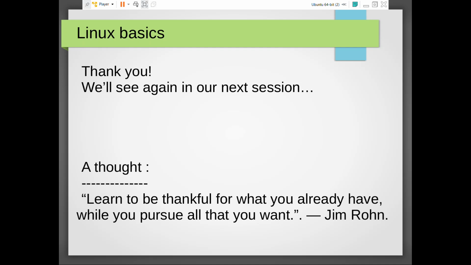That only would bring us up in our life. We can always pursue all that we want, but whatever we presently have, we need to be thankful to everyone, first and foremost to God. This is by Jim Rohn. With this thought, let us conclude this session. Thank you. Take care. Bye bye.